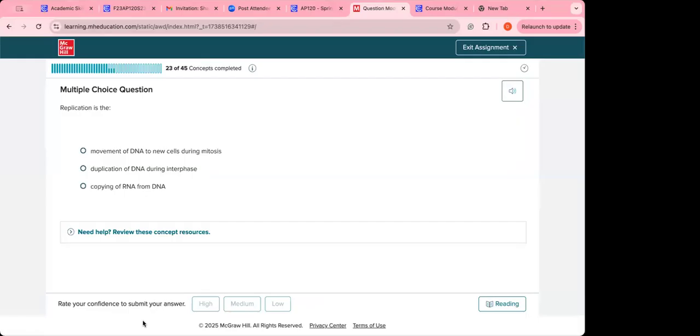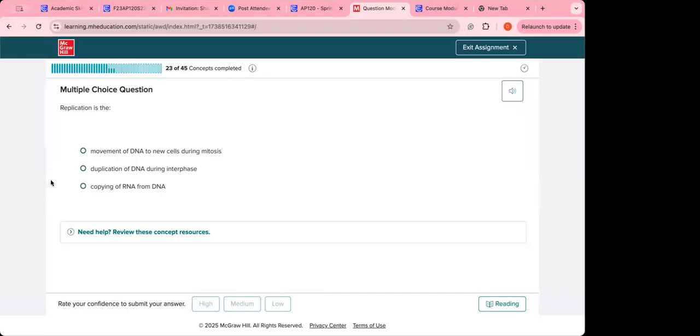Replication is the movement of DNA to new cells during mitosis, duplication of DNA during interphase, or the copying of RNA from DNA. Replication is the duplication of DNA during interphase. Replication means to duplicate it. You're duplicating the DNA.